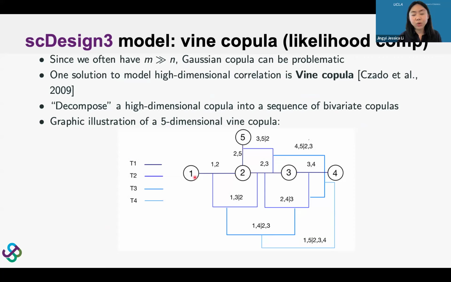What it does is that you have the first layer just as the pairwise correlation of the most highly correlated variable feature pairs. Given the first layer, you condition on that and get the conditional pairwise correlations for the strongest pairs, and then you go on. So this can ensure that the resulting estimated correlation matrix is invertible.